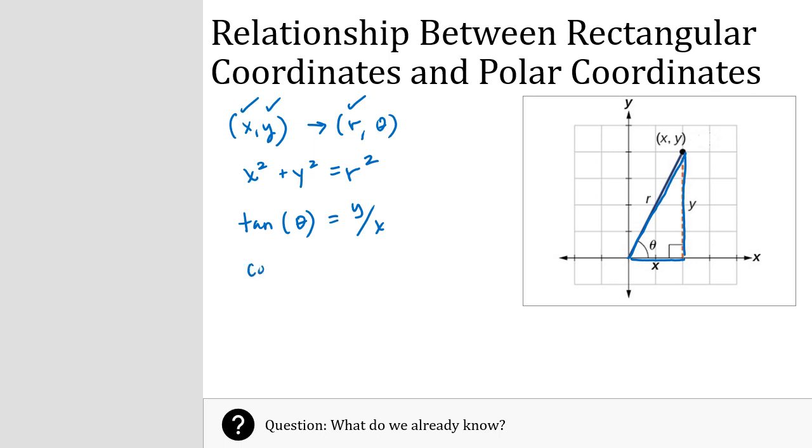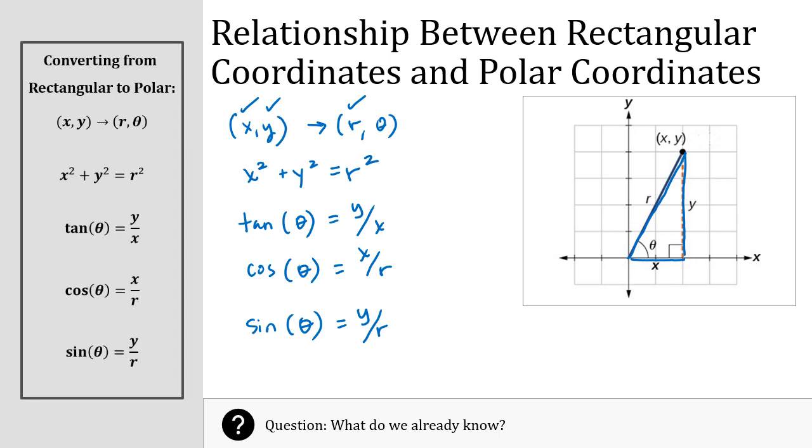We also know that the cosine of some angle theta, do you remember what that ratio is? That was x over r. And we also know that the sine of some angle theta is equal to y over r. So using any of those combinations, we can then locate and determine what theta is.